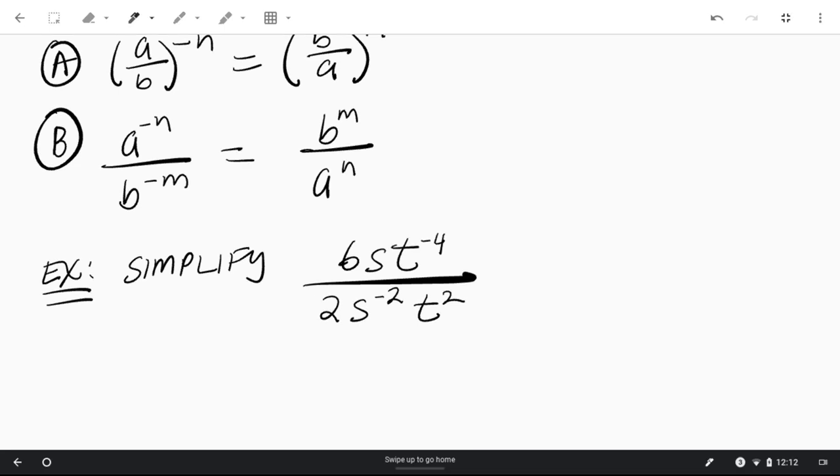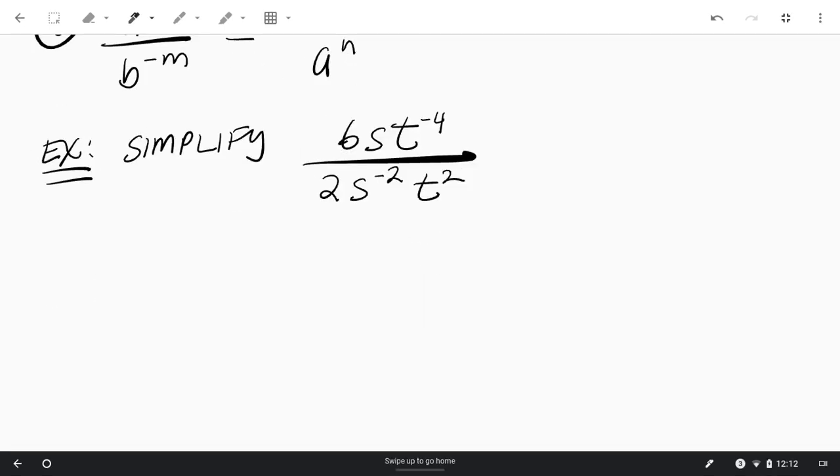Okay. All right, so let's start off with the numbers. 6 divided by 2 is 3. So 3 in the numerator.